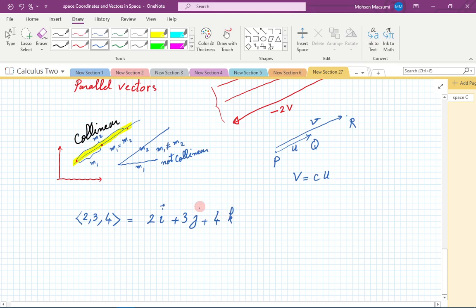Remember, these are our standard unit vectors. What does that mean? It is 2 of 1, 0, 0, 3 of 0, 1, 0, and plus 4 of 0, 0, 1.